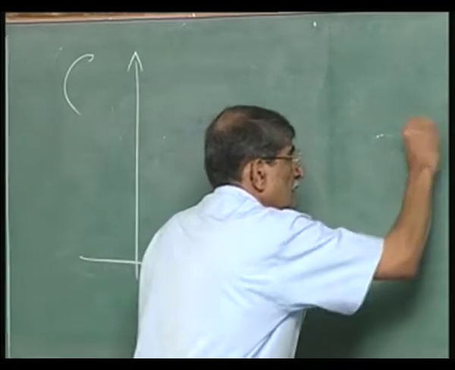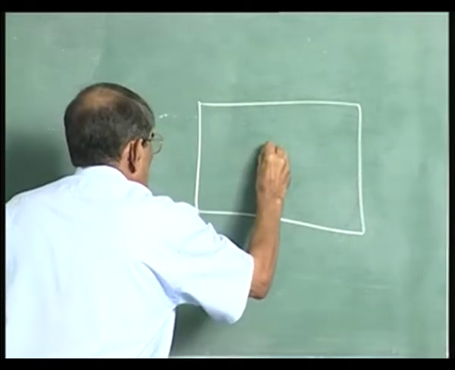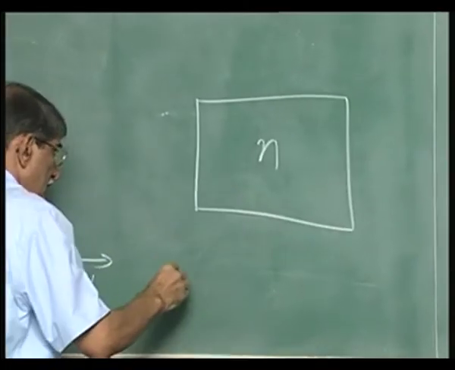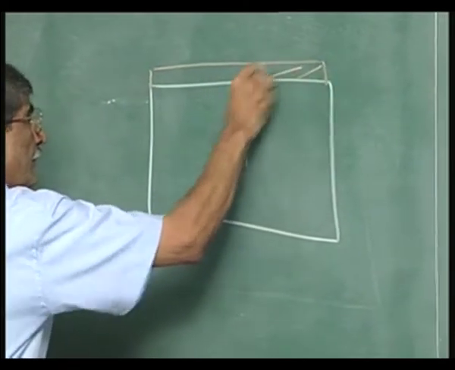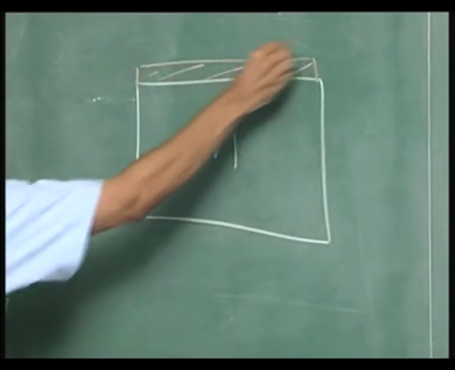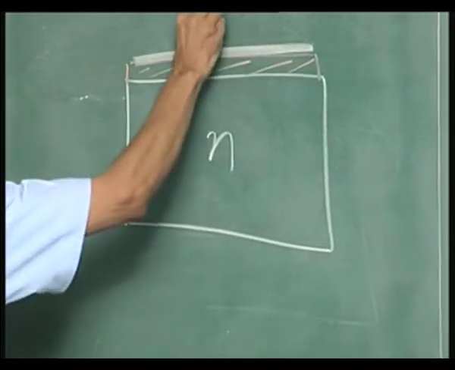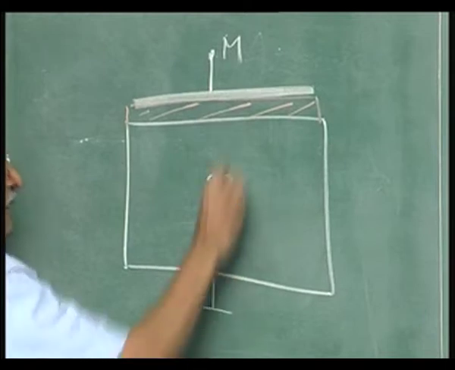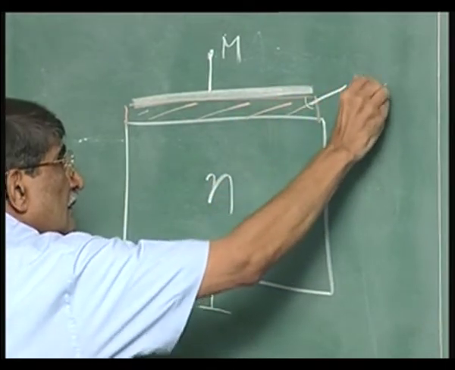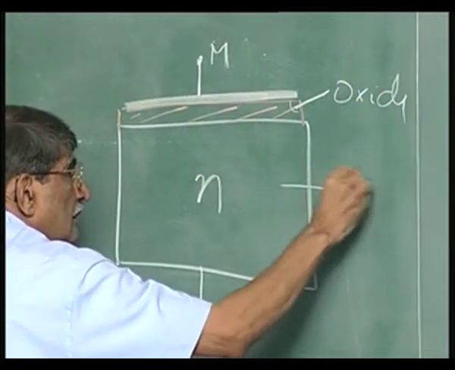Take the N type region and have an oxide here and then put a metal. So, metal, oxide, semiconductor.